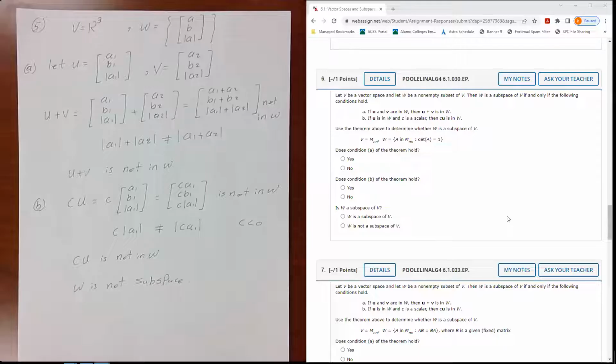Let's check example 6, if we can satisfy these two conditions.